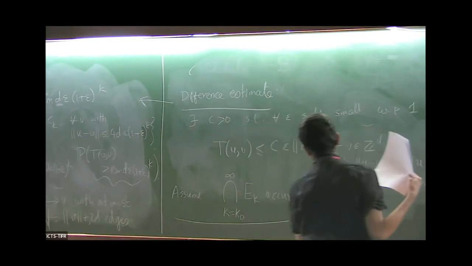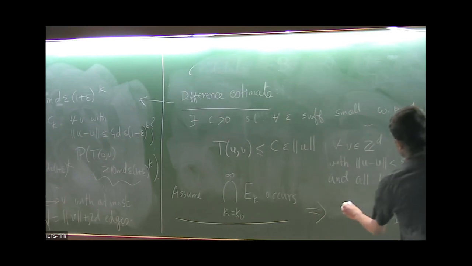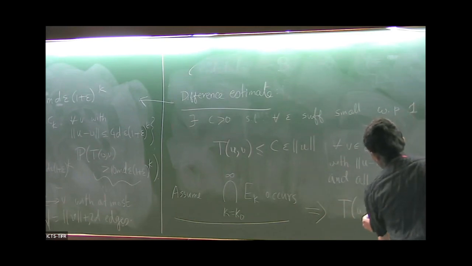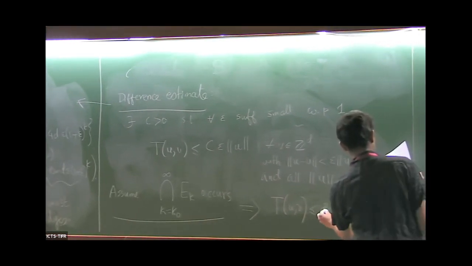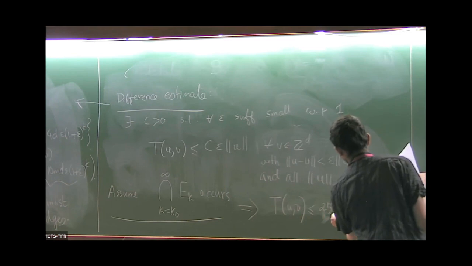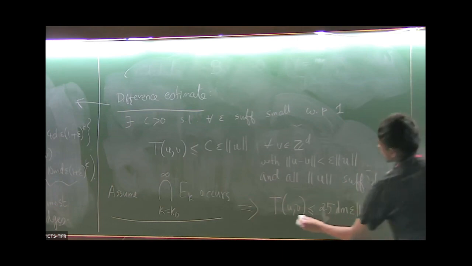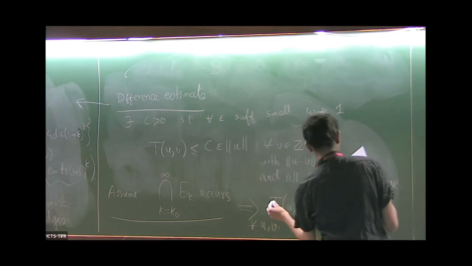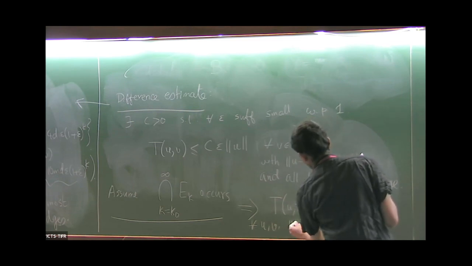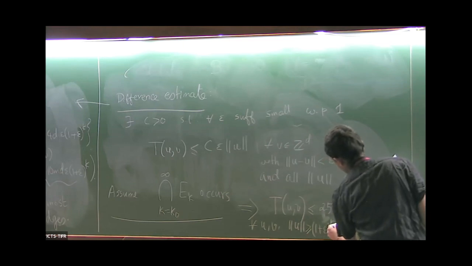Then one can show that TUV is less than or equal to some, say, 25 dm epsilon norm u for all u with norm u bigger than (1 plus epsilon)^k0.